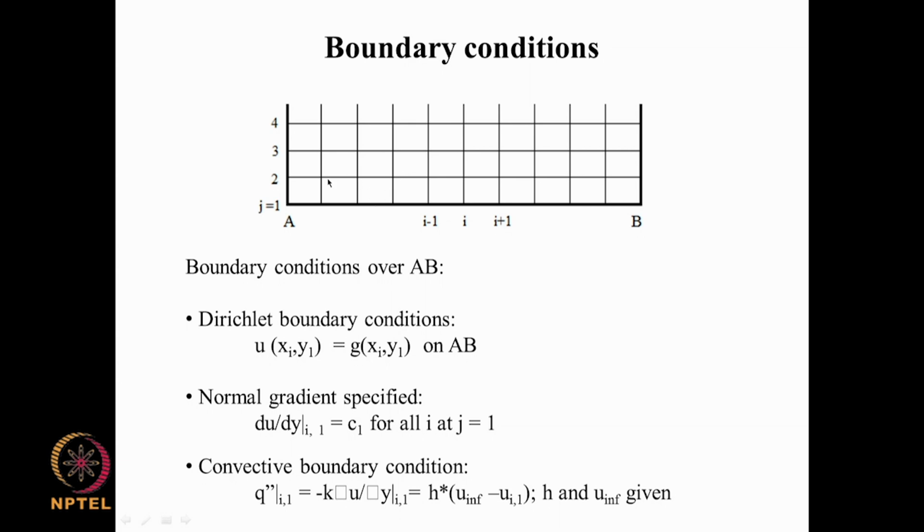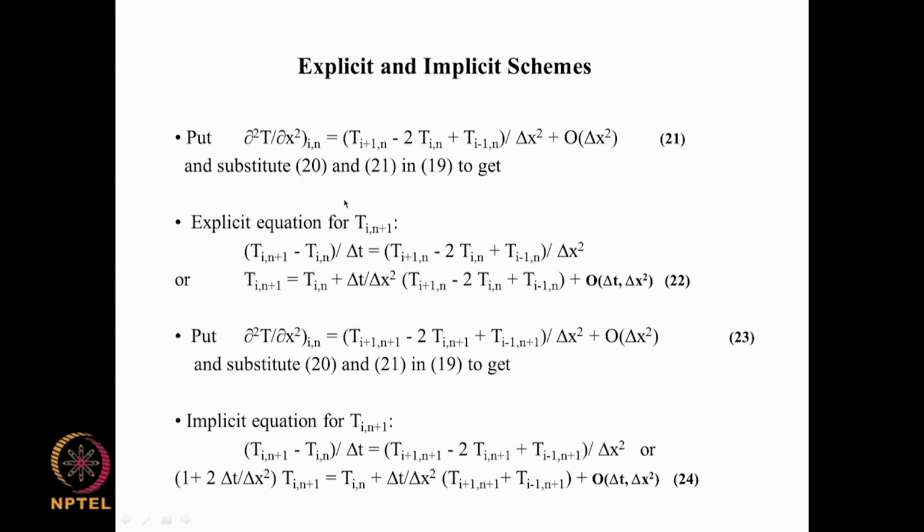I evaluate this one first, and then hop in the x direction from i equal to 1 or i equal to 2 to the end point, depending on what type of boundary condition is given. After sweeping through all the spatial nodes at that particular time step, I move on to the next time step. In that sense, evaluation of this is very simple, and we can say that the value of T_i^{n+1} is given in an explicit form involving the solution variables at the previous time step.